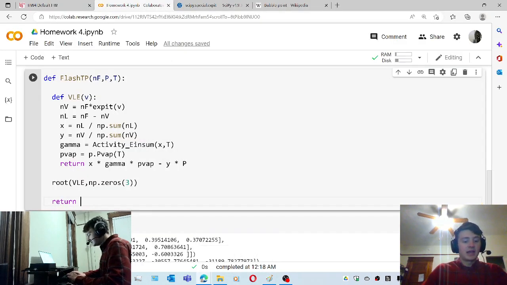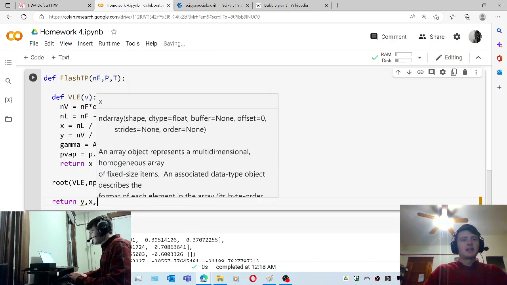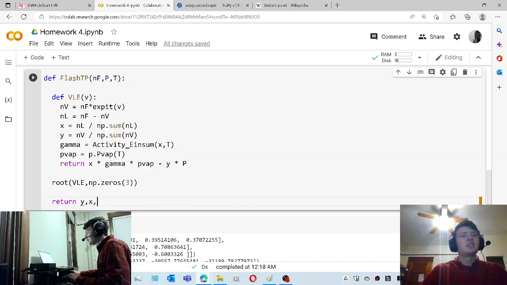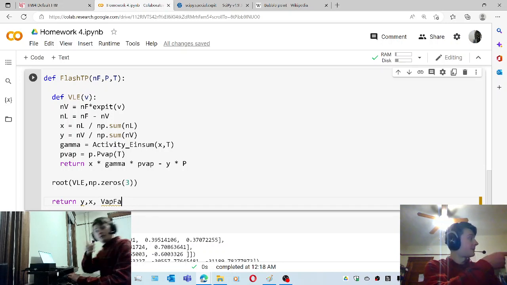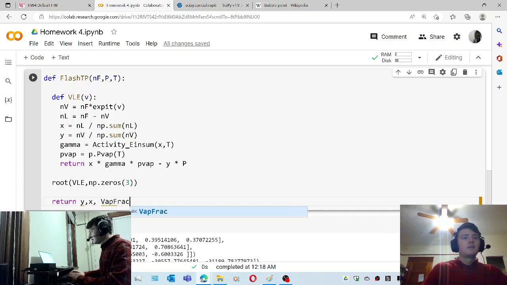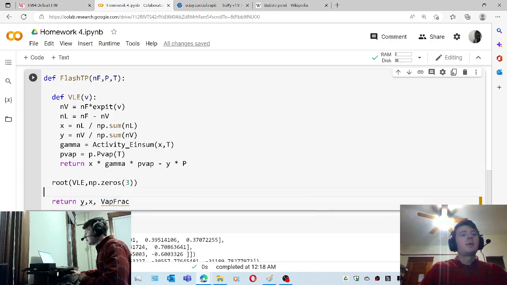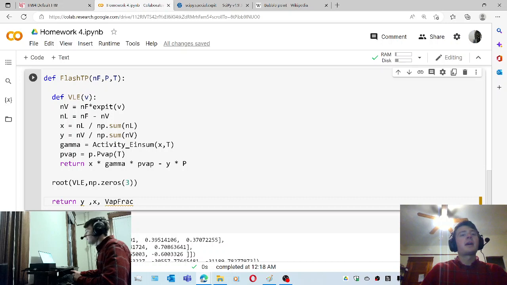I seem to have forgotten how to do it. And on top of that, let me return the vapor fraction, which is basically saying of the feed, what amount goes into the vapor phase.